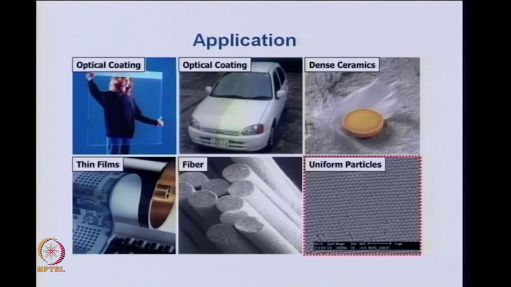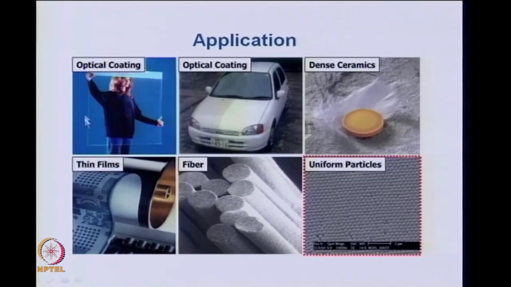Now, these sol gel produced powders or coatings have several applications, and as you see, this is an optical coating. This is a glass on which there is a coating using a sol which is converted into a gel.